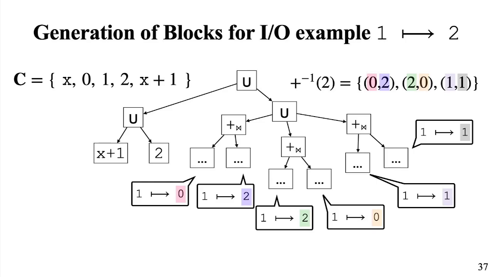Each join node has 2 children, one for each element of a pair. For example, because 0, 2 can produce 2, we have a join node whose left child is for expressions generating 0 for the given input 1, and the right child for generating 2.